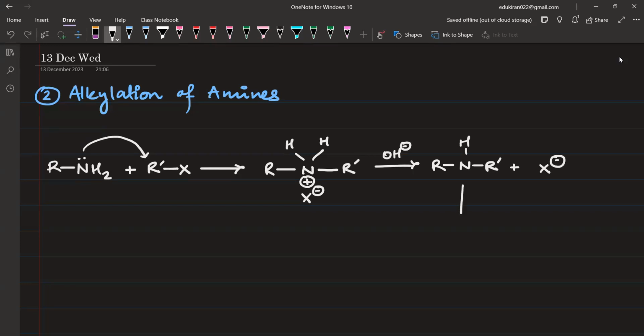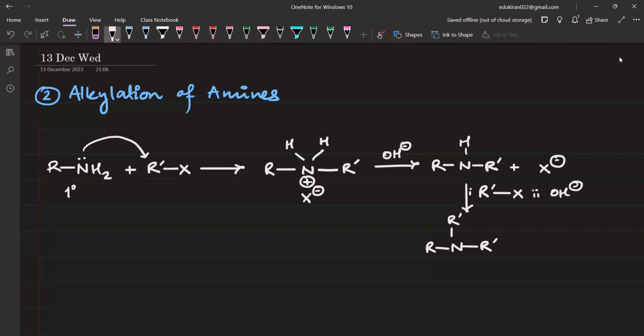Now, if this gets any more alkyl halide, it would again react, giving you a tertiary amine, that is R nitrogen, R dash, and R dash. Obviously, this is the first step, and in the second step you have to add any base, OH negative. But even if in the exam they give you just like this, you just draw the whole thing, okay? That you added OH negative, after that you got this, fine.